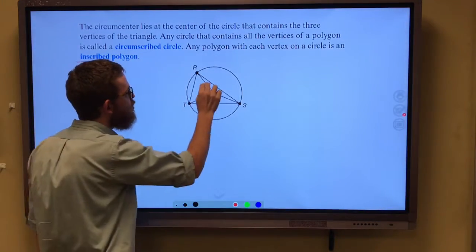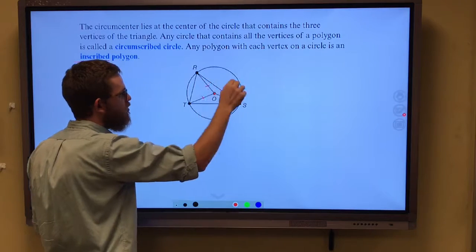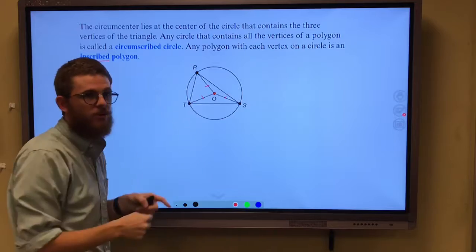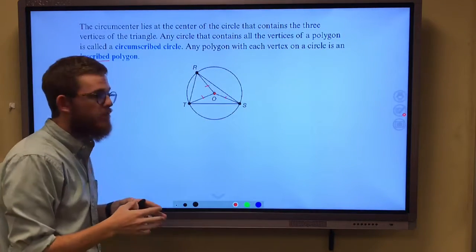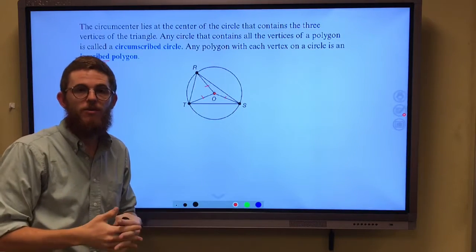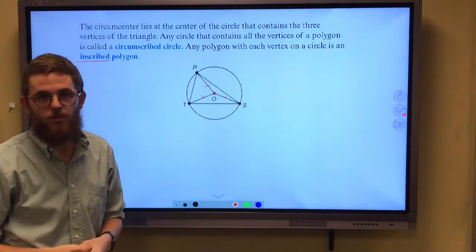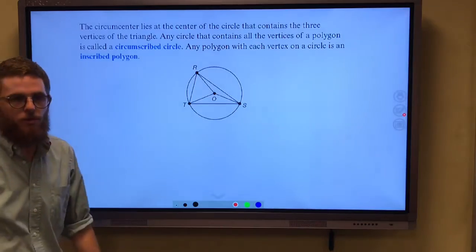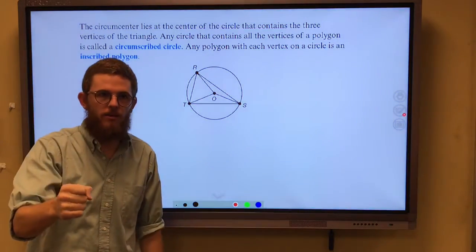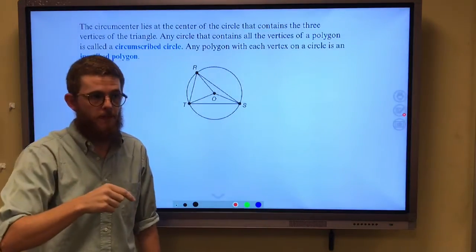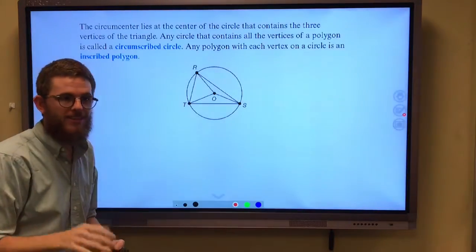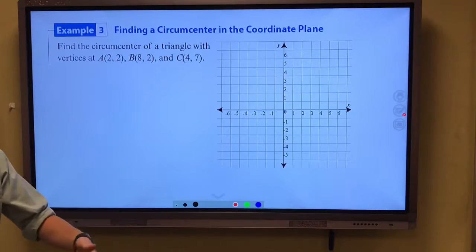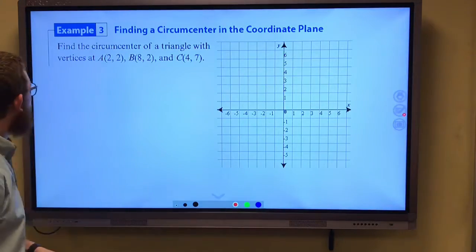And that's because each of these distances from each vertex to the center would be the same length, so that would mean they'd be the radii of our circle. So a little bit more information than we exactly need to know right now, but we're going to build on that. Okay? So the circumcenter, same distance away from each vertex, and of course the circumcenter is created by the perpendicular bisectors.